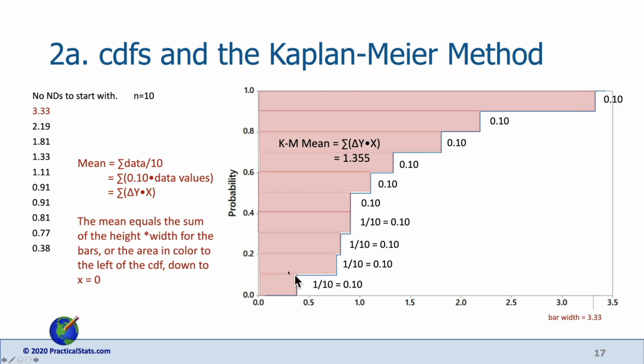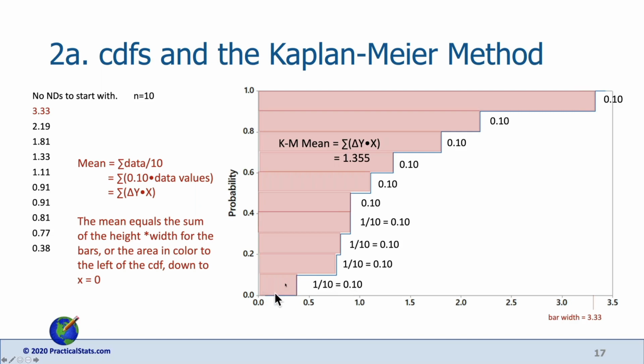And so this is a data set, these numbers here on the left, that does not have any non-detects. And so you can graph them just as a bar chart with the values for that y variable down here. And each bar has a height of 1 over n, 1 over the number of data, or 1/10, 0.1.